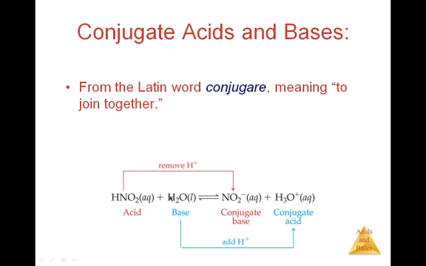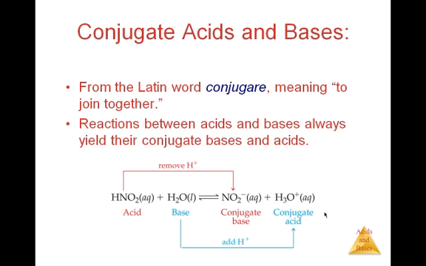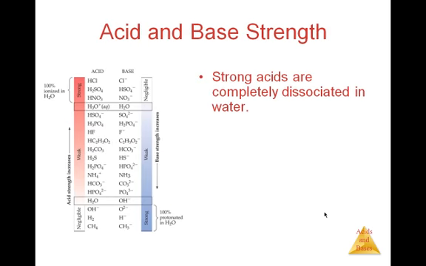And water, in this case, is accepting the hydrogen, so it acts as the conjugate acid after it's accepted it. Another way is to look at it backwards in terms of what they form when you go from products to reactants. All right. Reactions between acids and bases always yield their conjugate bases and acids. Don't forget, acids become the conjugate base, bases become the conjugate acid.